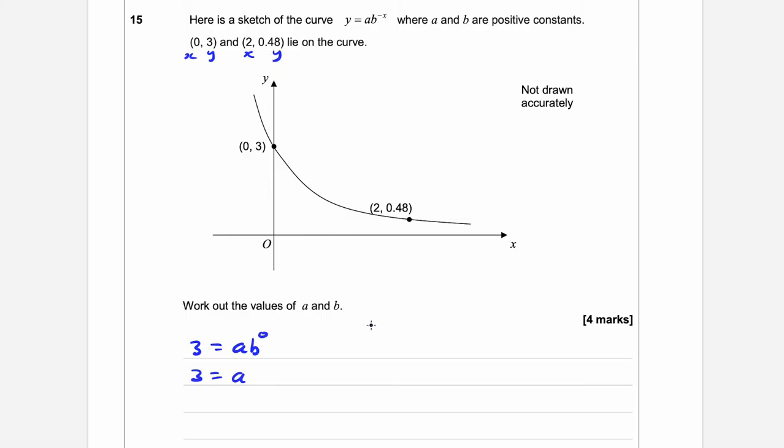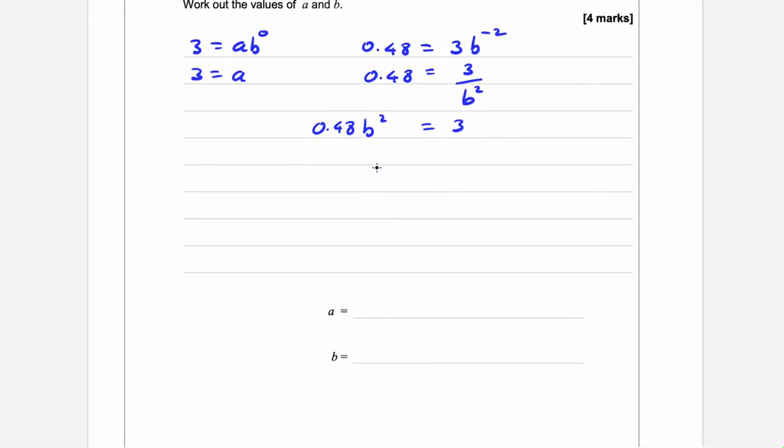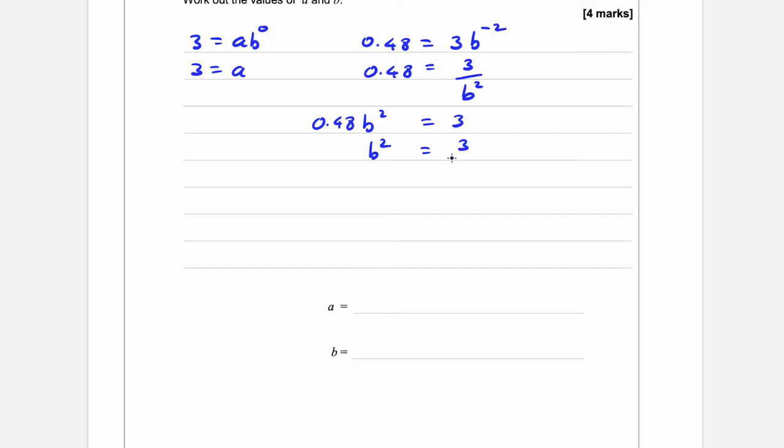And then the second one, 0.48 equals, now I know a, it's 3, so it's 3b to the power of minus 2. Then I can rearrange this, guys. 0.48 equals 3 over b squared, multiply across by b squared, so 0.48 b squared equals 3. b squared is 3 over 0.48, and b is the square root of that.